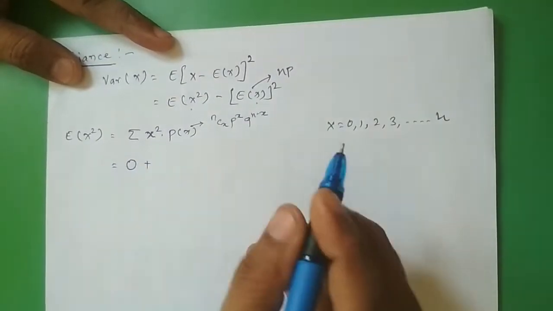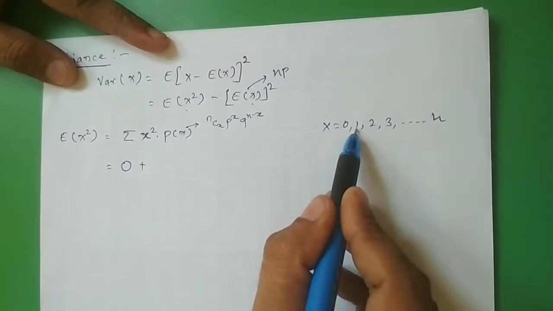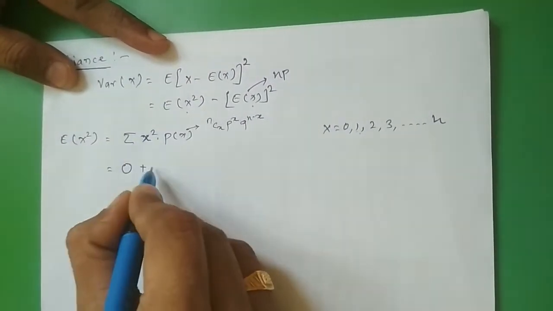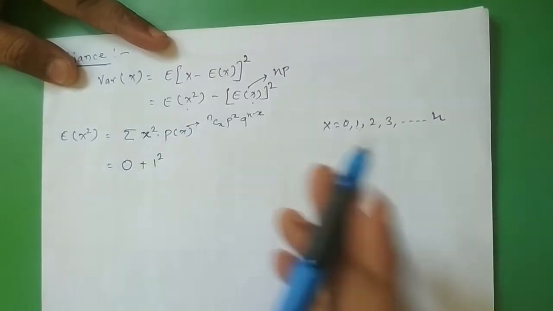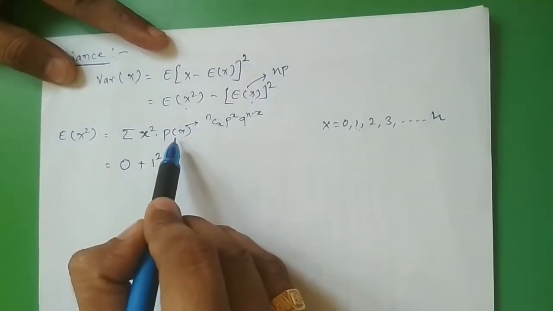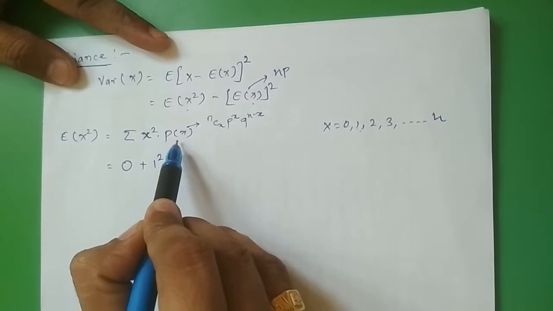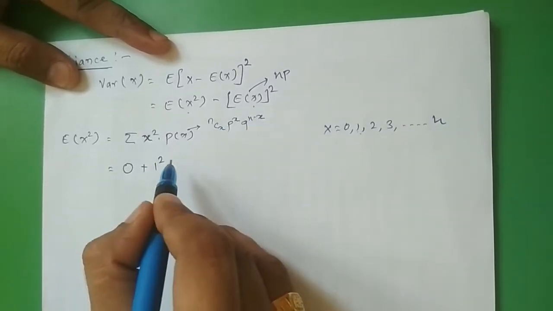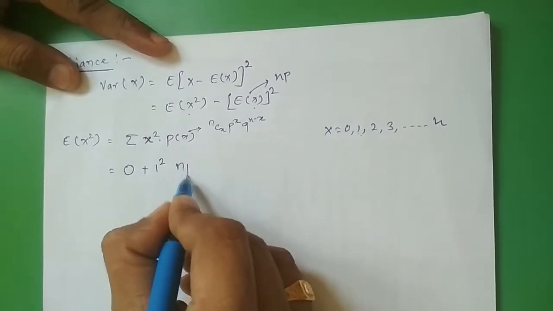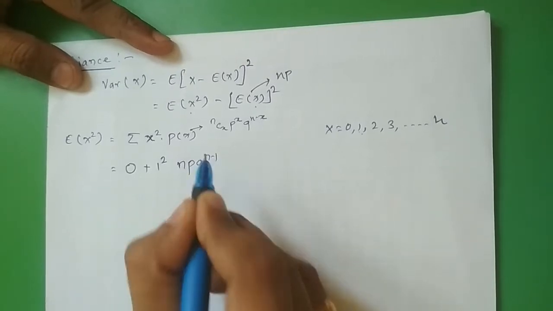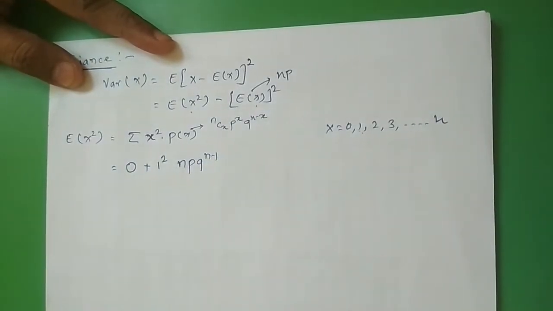The next value is 1, so 1 square remains as it is, and when we put 1 in the probability function of the binomial distribution, we know that we get n p q raised to n minus 1, that we have already seen in the last session.